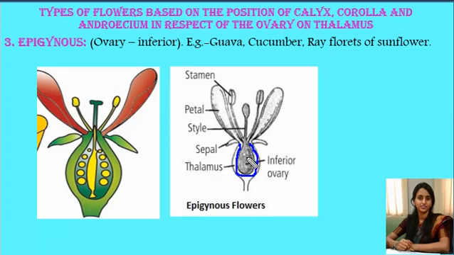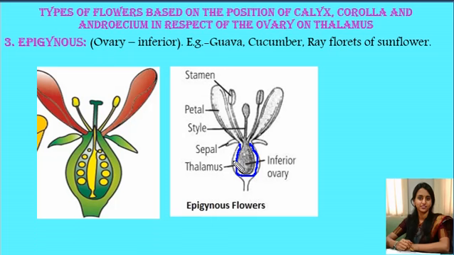Whereas the other floral whorls such as sepals, petals and stamens grow above the level of the ovary, whereas the ovary is completely enclosed by the thalamus. As a result of this, the ovary is said to be inferior.